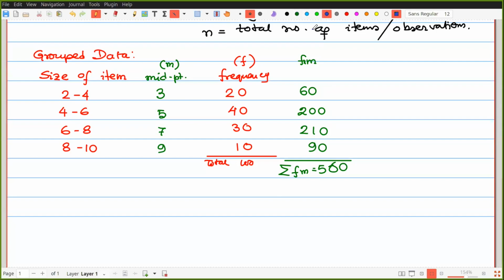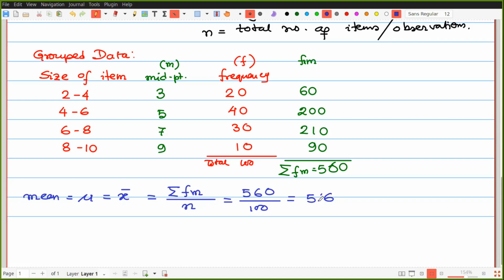So what is the mean? Mean is equal to mu is equal to x bar is equal to total summation of FM divided by n. So that means 560 divided by 100 or 5.6. So that is our mean.